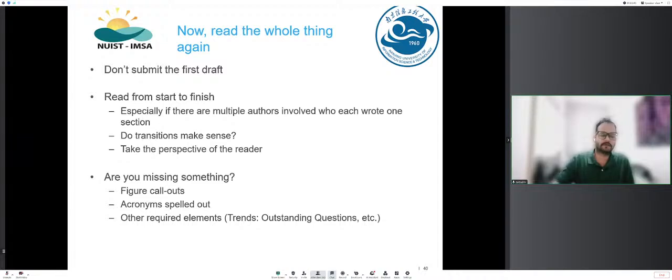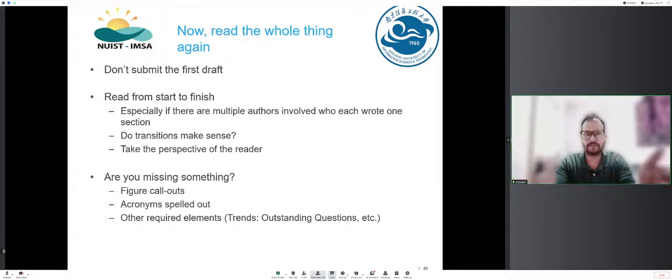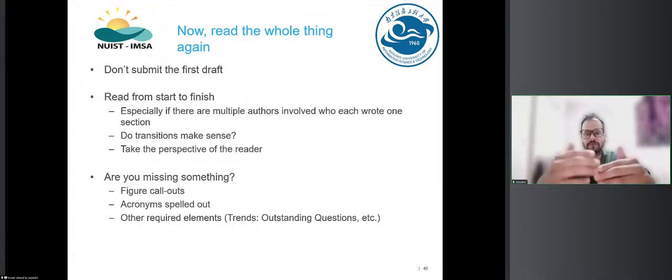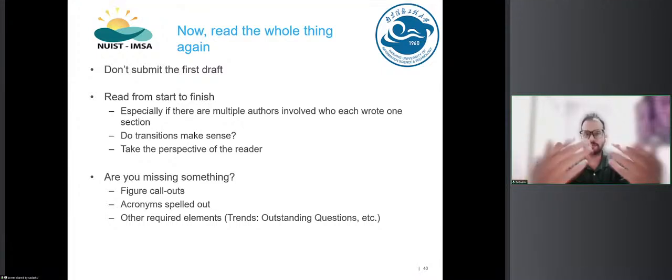Now, I have discussed many things in the previous slide. You can read this whole thing again. Don't submit your first draft. If you write something, you don't submit that. You share it with your friends, with your colleagues, with your professors, make improvements, because you are not perfect.